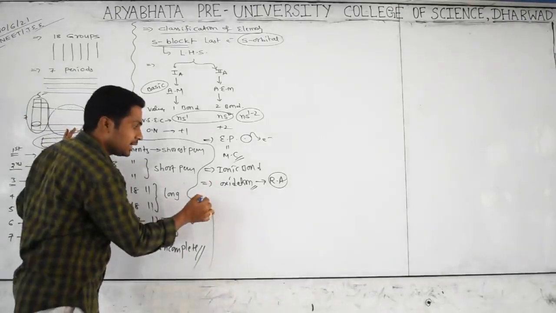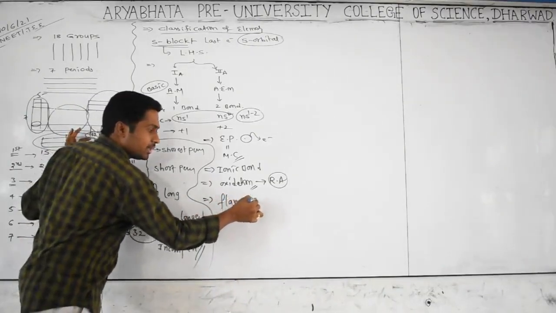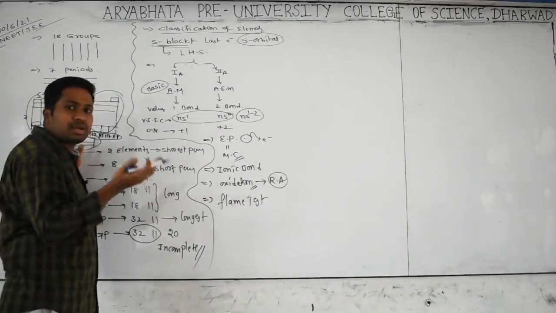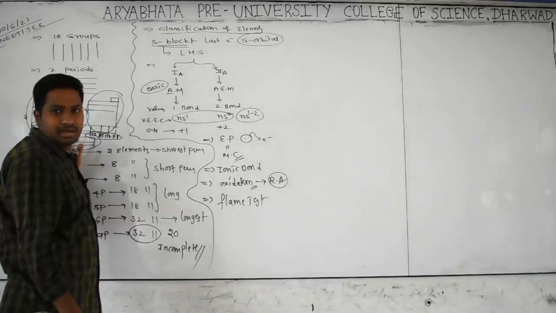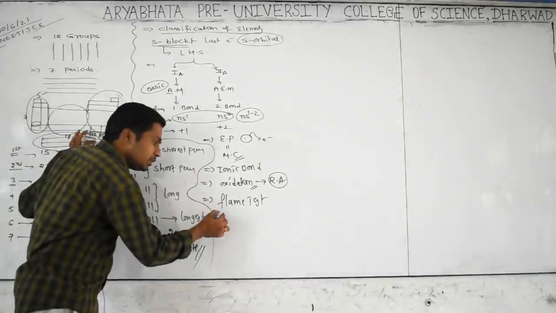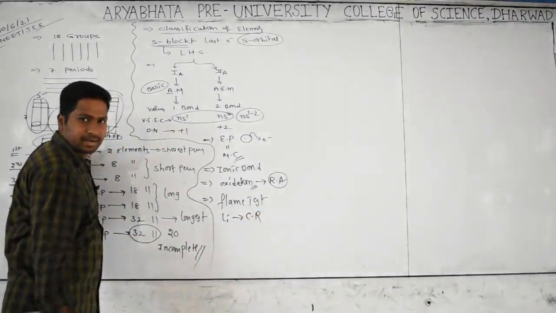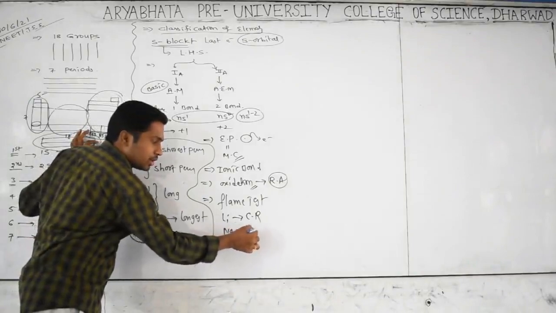Like this we can tell, and all these will give a flame test. Flame test means what? If you take any metal and burn it, what happens? They burn with some colors. I will tell you. Lithium burns with crimson red color, like carrot red, and sodium burns with yellow color.